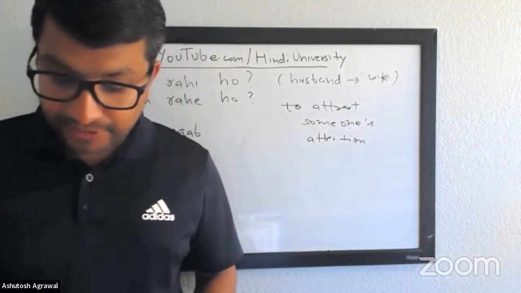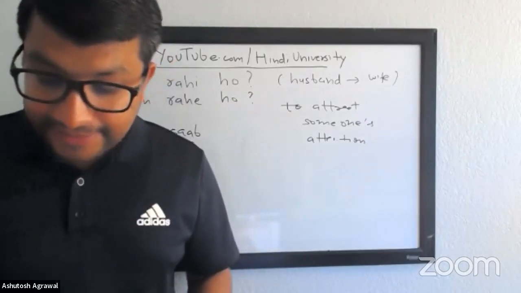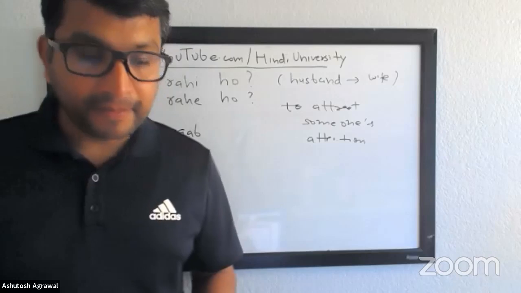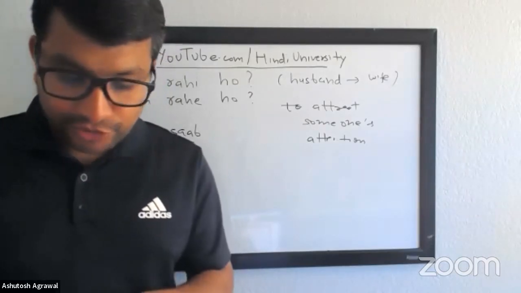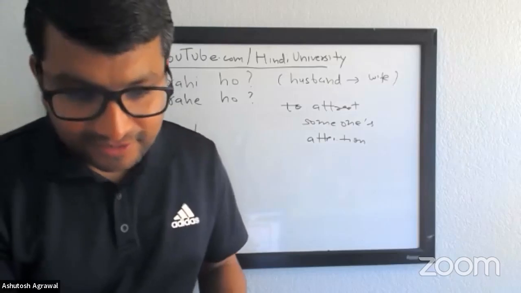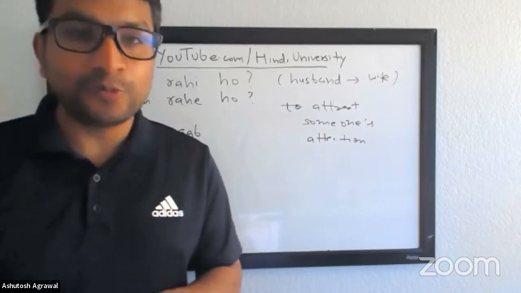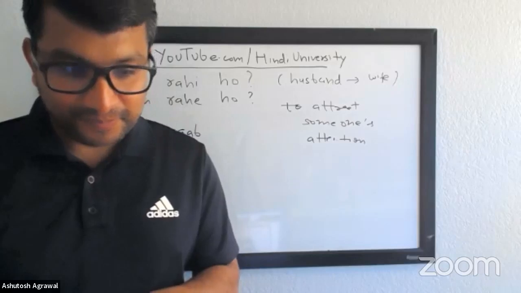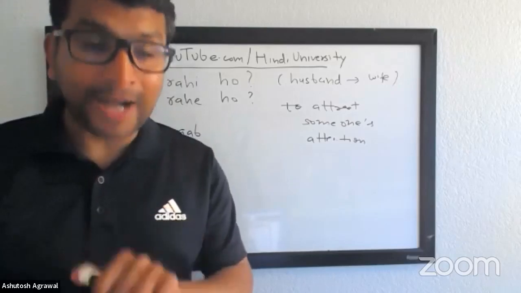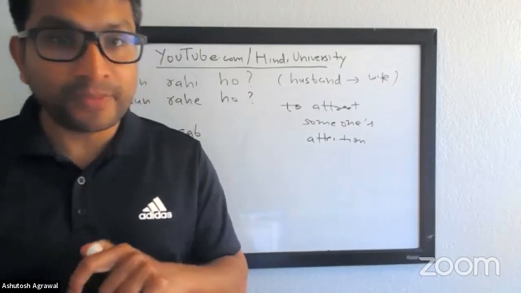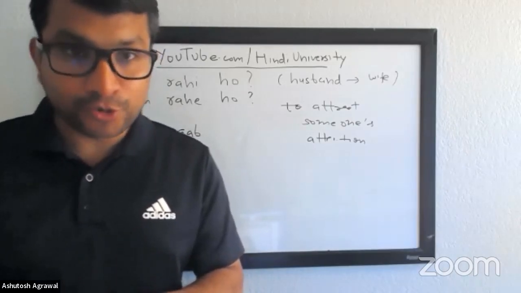Listen brother, or excuse me brother, क्या आपको मालूम है कि लाल किला कहाँ है? क्या आपको मालूम है? What does it mean? Elizabeth ji, क्या आपको मालूम है? Malum hona is to know.